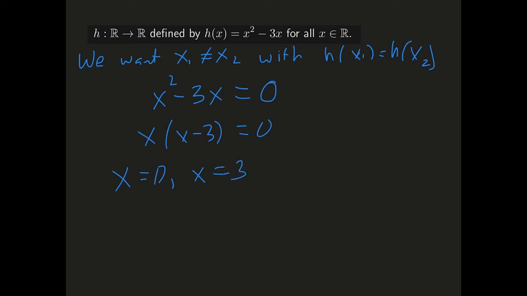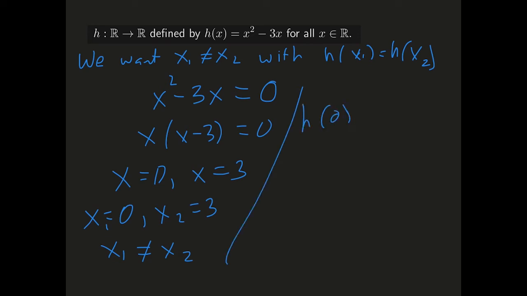We found two different numbers, 0 and 3. But if we plug them in here, they're both going to go to 0. So if x1 is equal to 0 and x2 is equal to 3, clearly x1 is not equal to x2, but let's write this as h of x1 is equal to 0, and h of x2 is equal to 0.